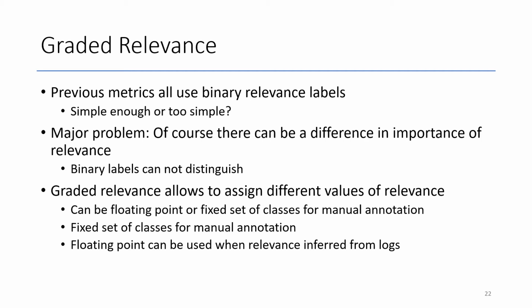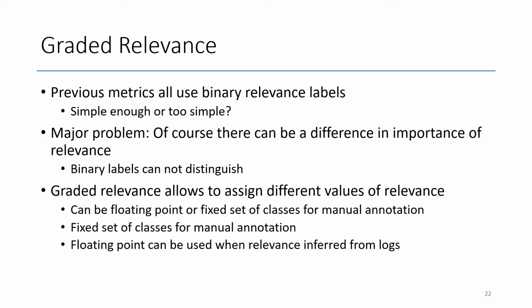Binary relevance labels are good in the sense that they are simple, but often they are too simple. A major problem is that we can have different importance of our relevance, and with binary labels we can't distinguish that. So we use graded relevance, which allows us to assign different values of relevance.